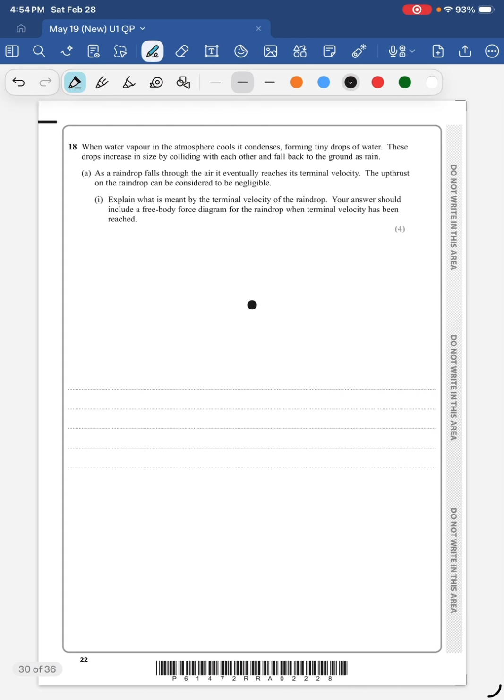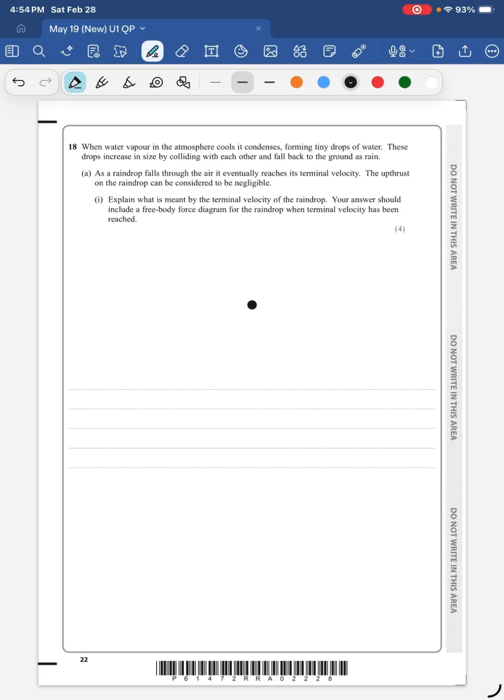So anyway, let's go to question 18. Before we jump to part A, let's read it. When water vapor in the atmosphere cools, it condenses, forming tiny drops of water. These drops increase in size by colliding with each other and fall back to the ground as rain.